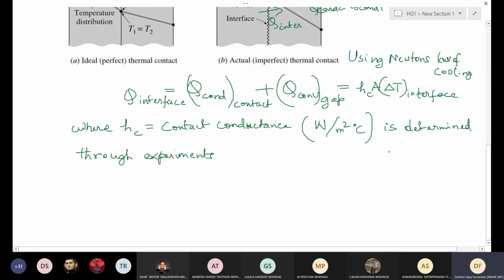So why can't we use Fourier's law? Anybody can tell why? Instead of writing h A delta T, we can use minus k dT by dx. Can we do that?